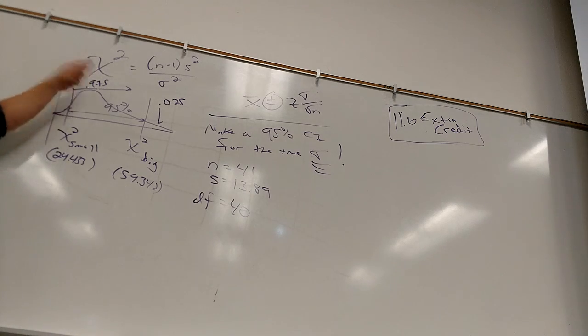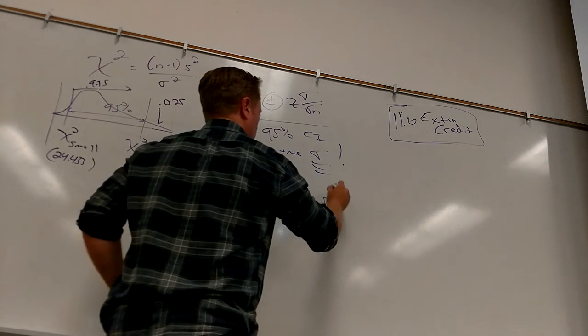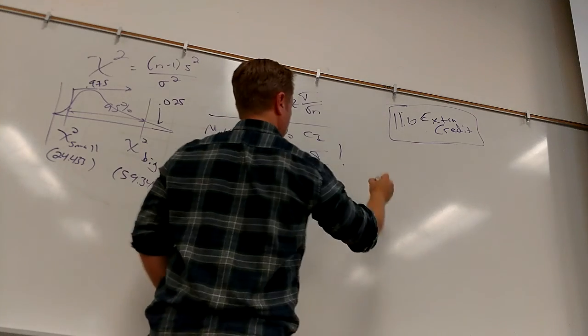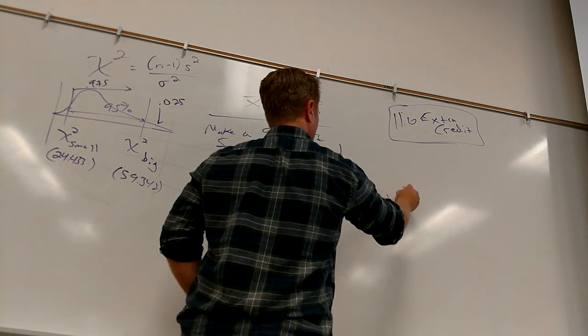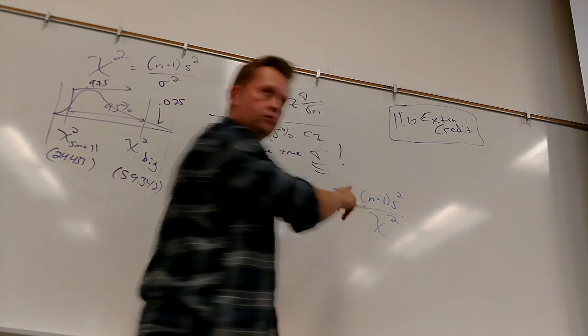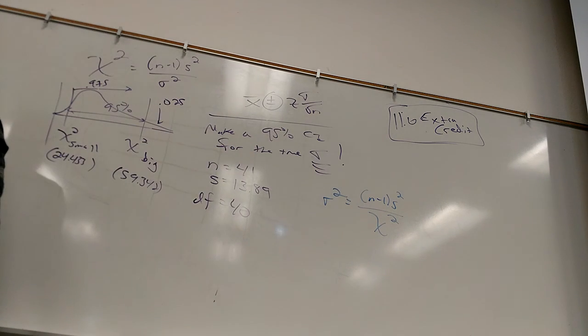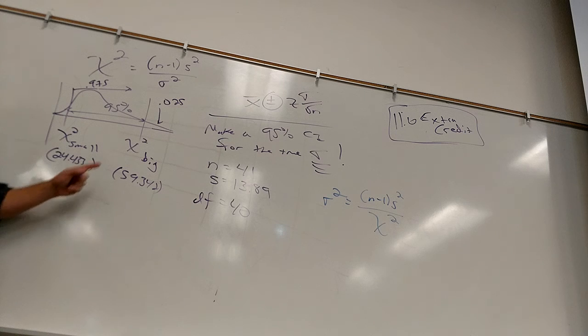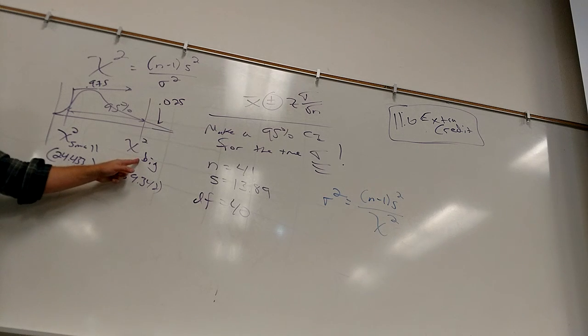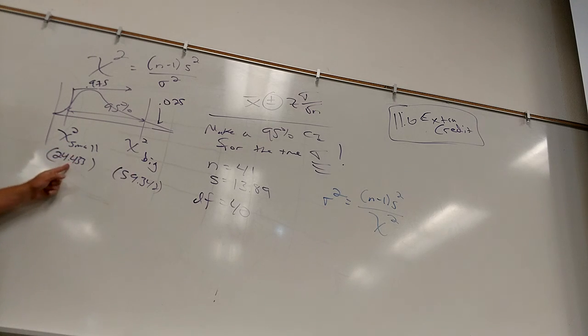So if I solve for sigma squared, if I solve for this variance, I get this. That's in general. If I divide by the bigger chi-square, is the output going to be bigger or smaller than when I divide by the smaller chi-square?